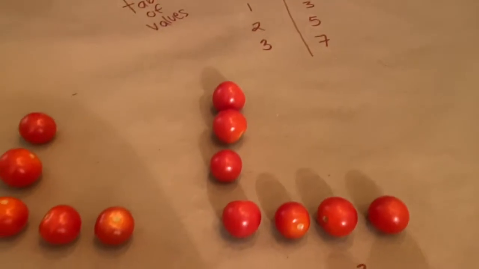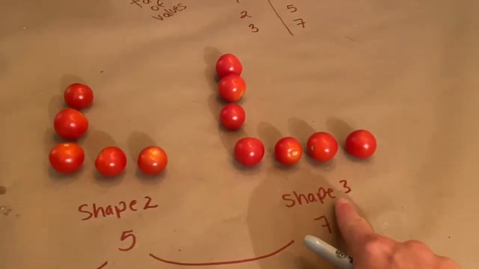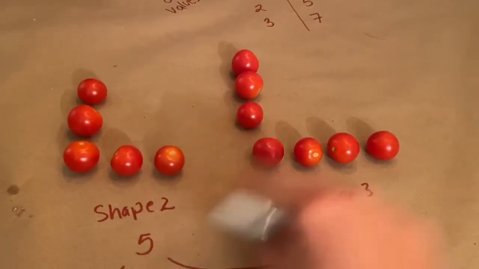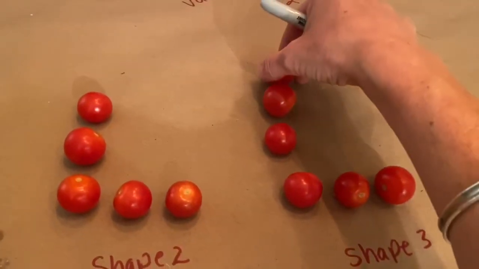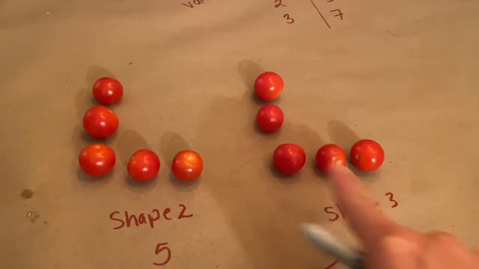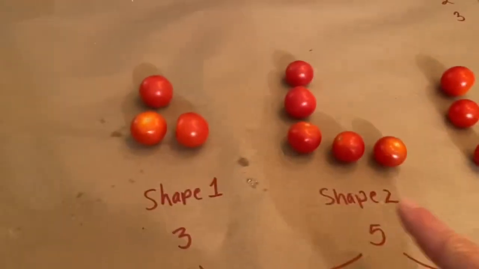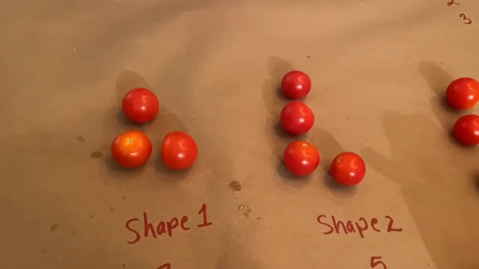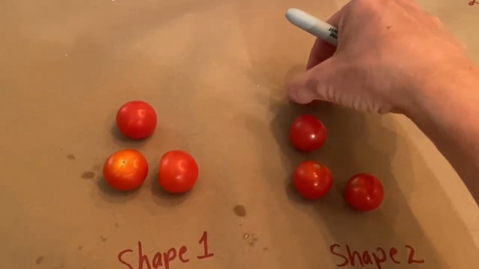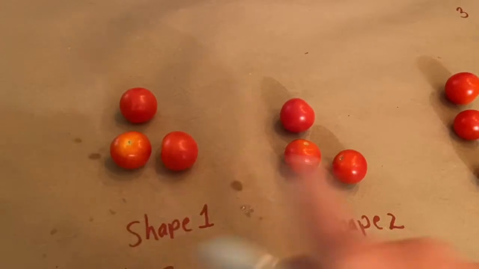So let's look. If I want to go from shape 3 to shape 2, all I need to do is take away 2 tomatoes, and now they are the same. If I want to go from shape 2 to shape 1, I need to take away, or minus, 2 tomatoes, and now they are the same.